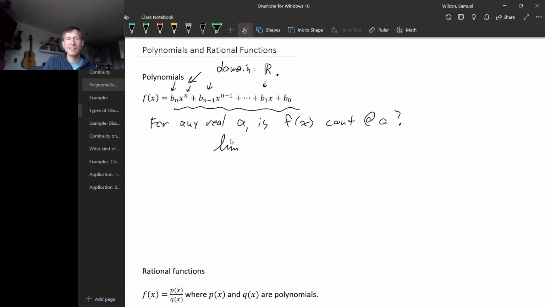We can calculate the limit as x goes to a of f of x, and we can compare that to the value of the polynomial at a. The value of the polynomial, all we need to do is plug in the value a. So we get b sub n, a to the n, plus dot dot dot, down to b sub 0.